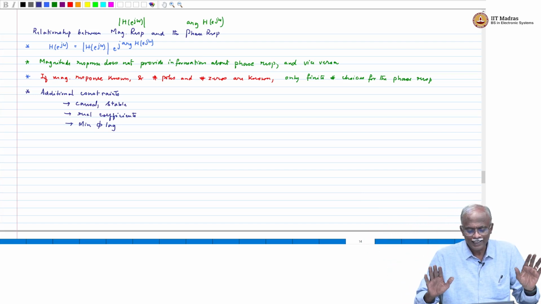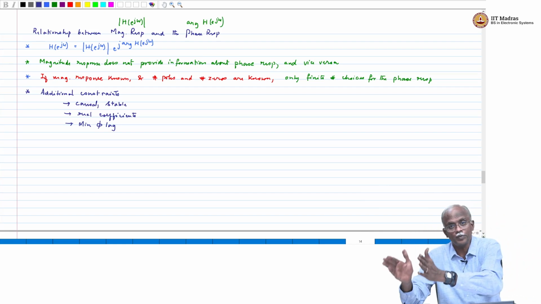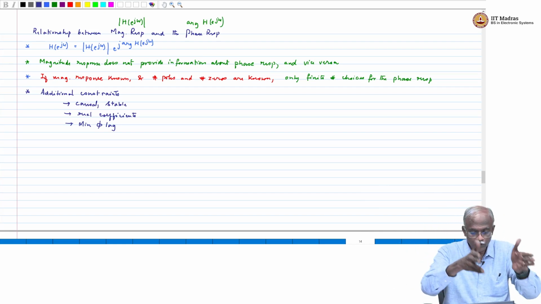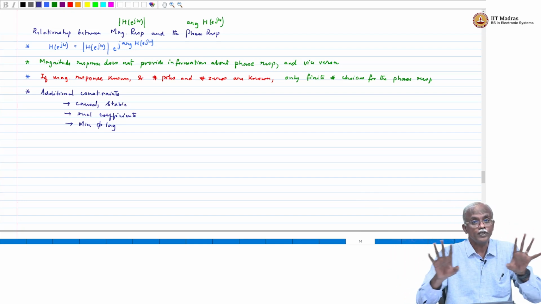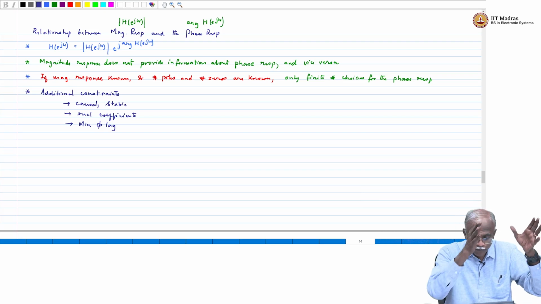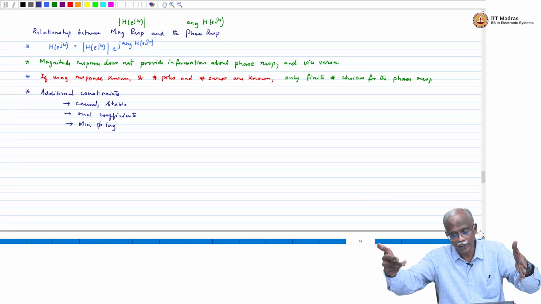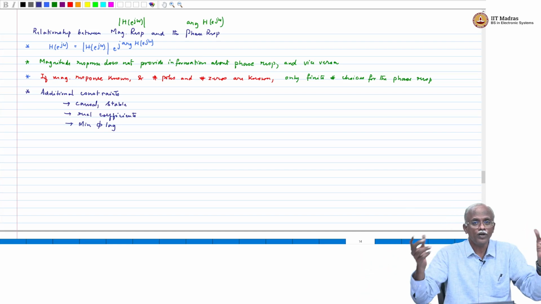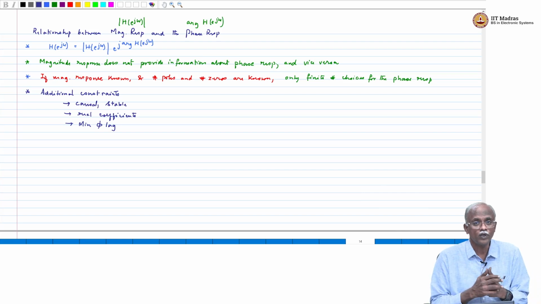So what are we saying? In general, I have a sequence h of n for which I have computed the DTFT. There is a magnitude response and then there's a phase response. Typically, you will have to study both of them together. Independent information is coming from both of them. However, if you know the magnitude response or the magnitude squared response and you happen to know the number of poles and zeros, then you have only a finite number of choices for the pole and zero combinations.